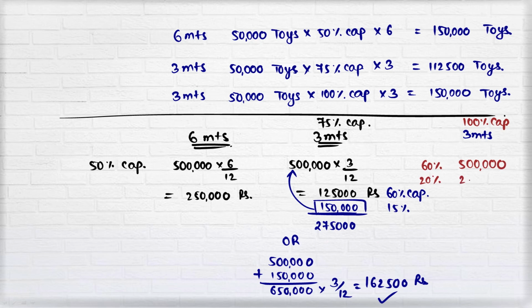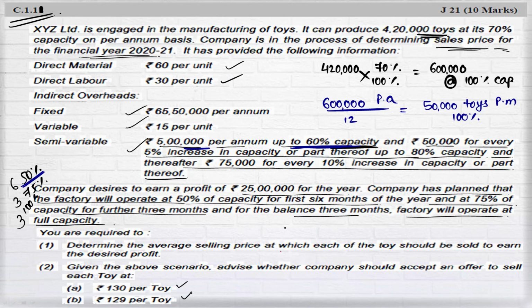For the remaining 20% capacity you will be incurring additional cost of 2 lakhs. Why? What have they given? 60 to 80%. For every 5% increase, there will be 50,000 rupees cost. So for 20% increase, there will be 2 lakhs rupees cost. 50,000 4 times.